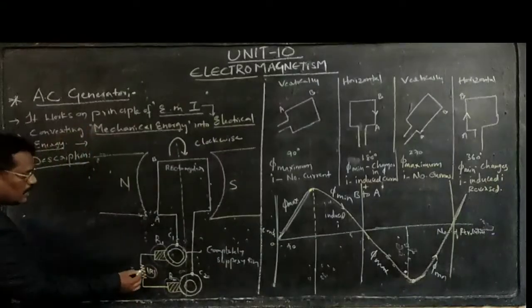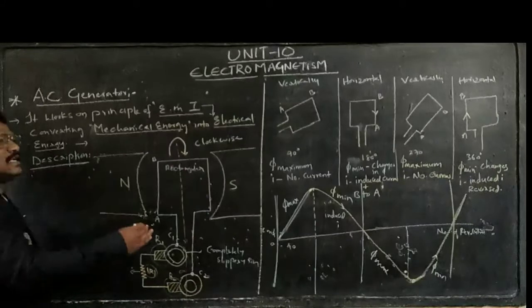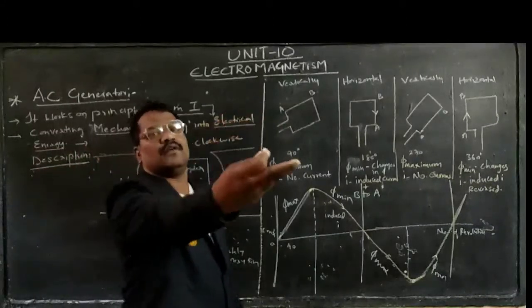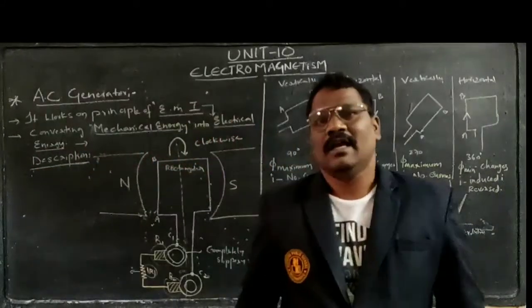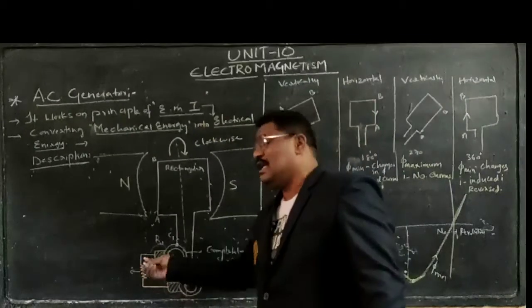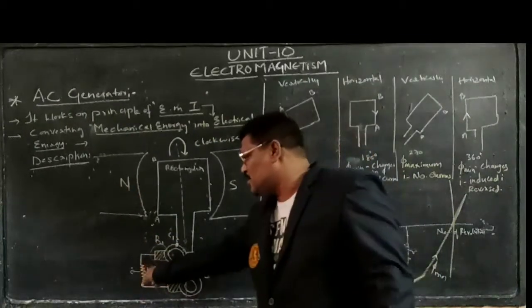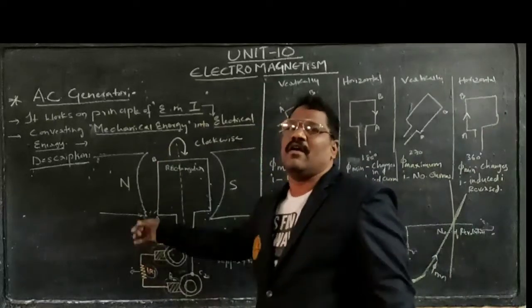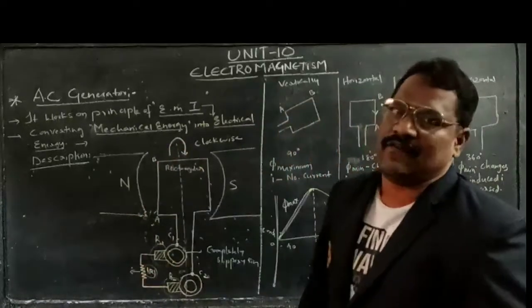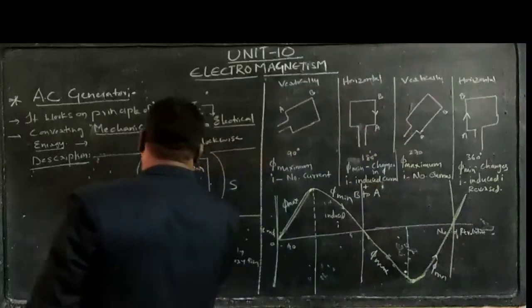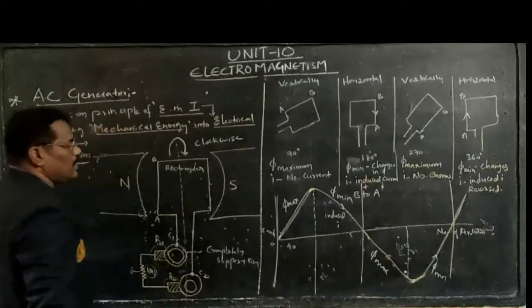Why have I taken resistor R there? Electrical energy gets converted into heat energy. As electrical energy turns to heat, the resistor will become red hot. By that we can identify whether current is being produced within this coil or not.